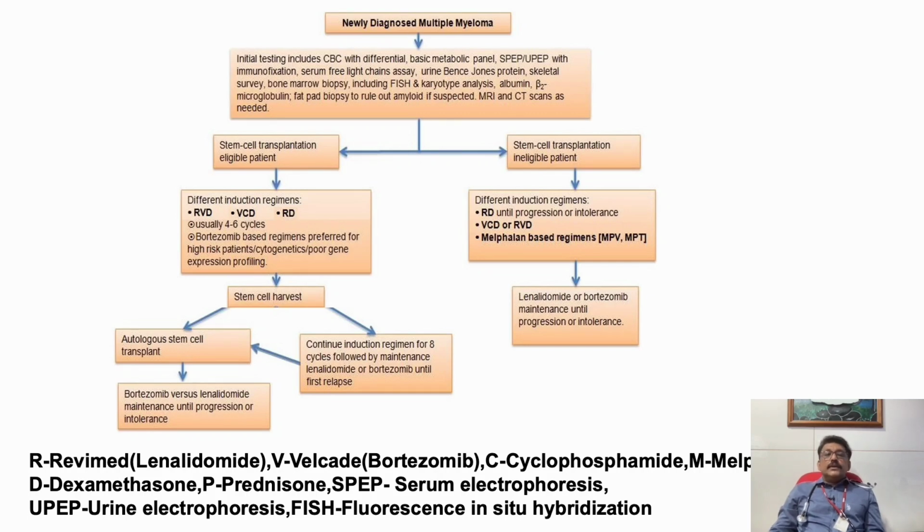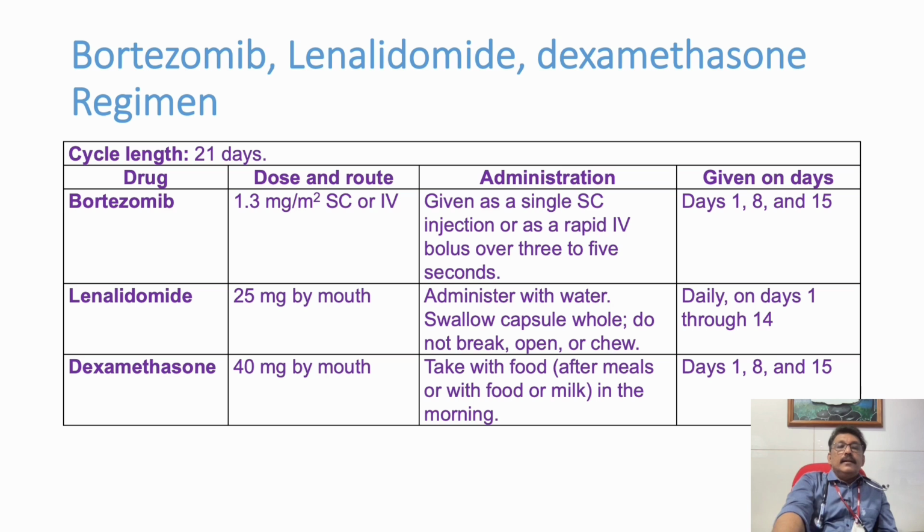So this is a flow chart given for treatment. We will not go into the details of the flow chart here. We can refer to the flow chart afterwards. Drug doses are given here. Combination of 3 drugs: bortezomib, lenalidomide, dexamethasone.